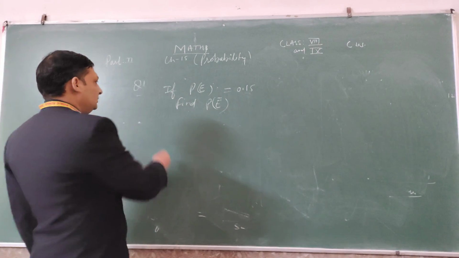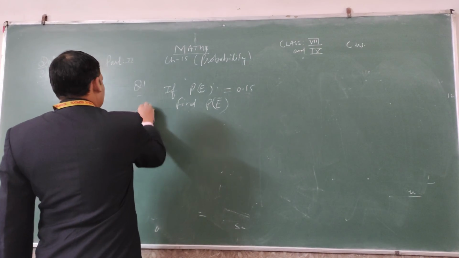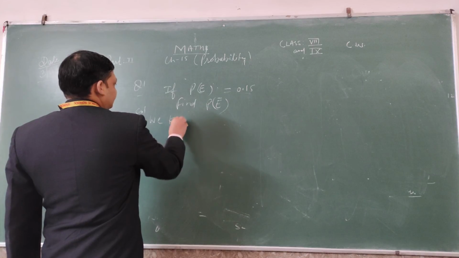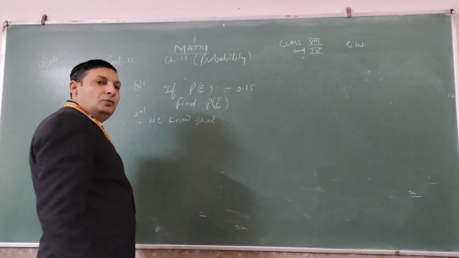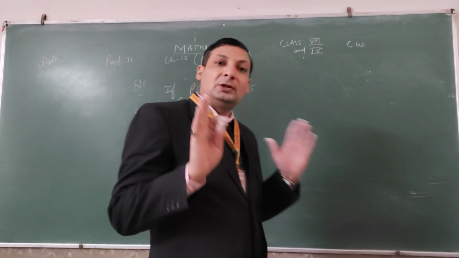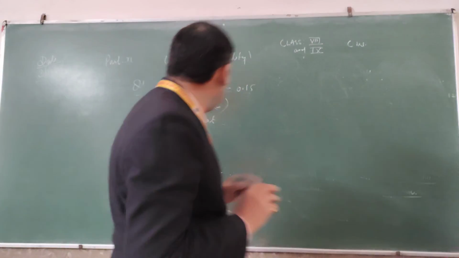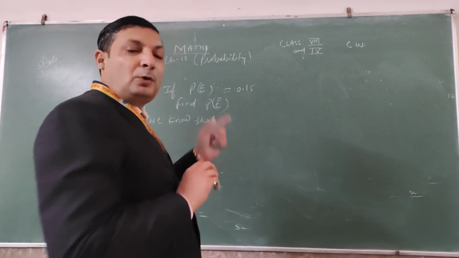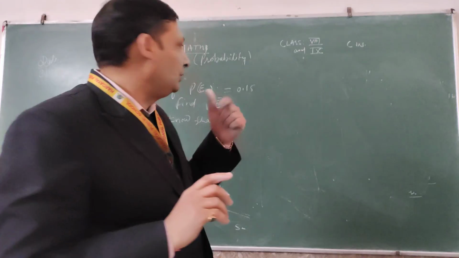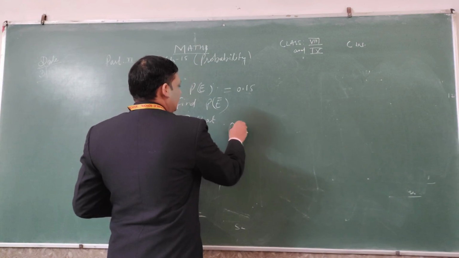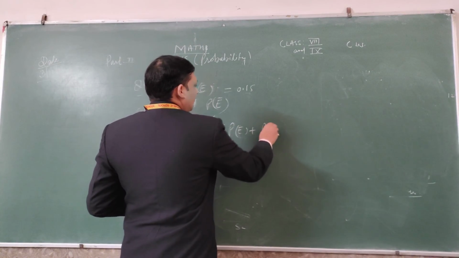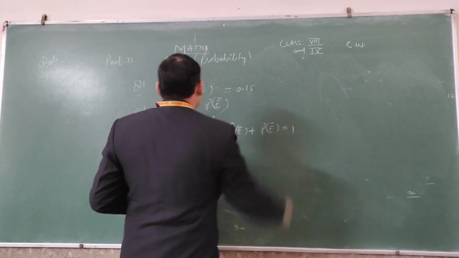So what I have told, solution: we know that for the complementary event, when I told the basics, you learned what the complementary event is. It means the probability of the event happening and not happening will sum to 1. The probability of event plus probability of not event equal to 1.